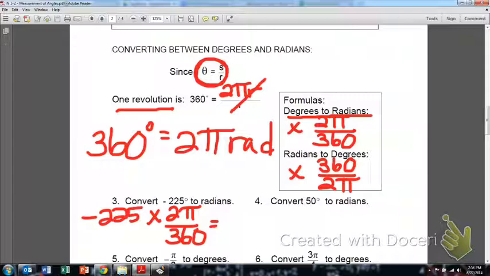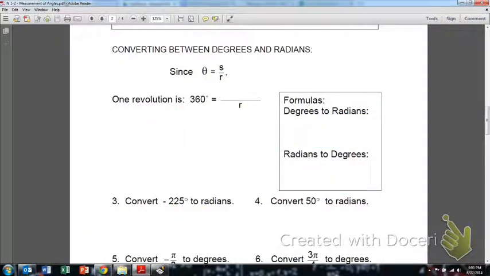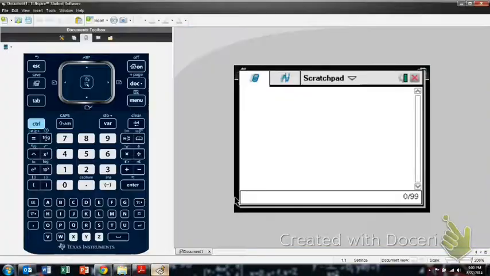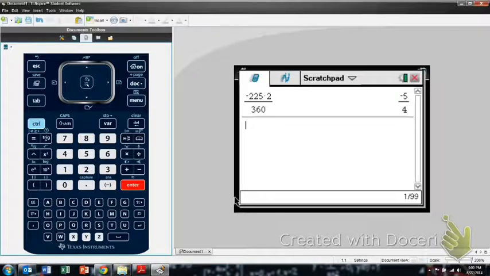So I'm going to show you how to do that. If I go in on my calculator, I'm going to type in negative 225 times 2 over 360. I'm not going to type in the pi. So it's negative 5 over 4.